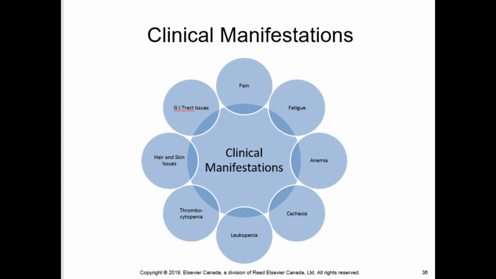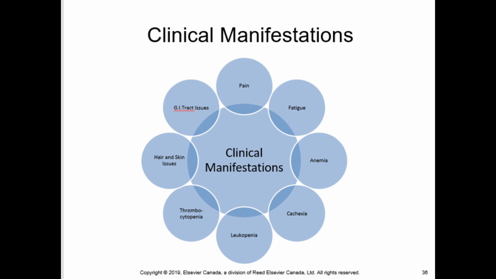Infection is another clinical manifestation, and the risk of infection tends to increase when the absolute neutrophil and lymphocyte counts fall within the human body. These are two types of your white blood cells, which are obviously crucial to your immune system function.